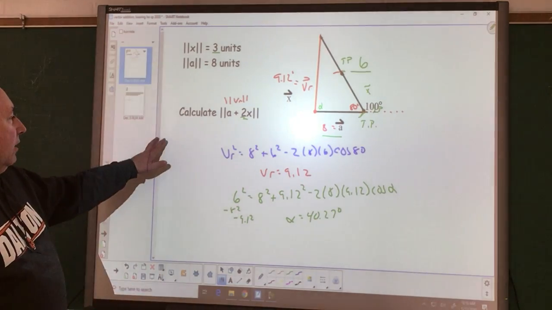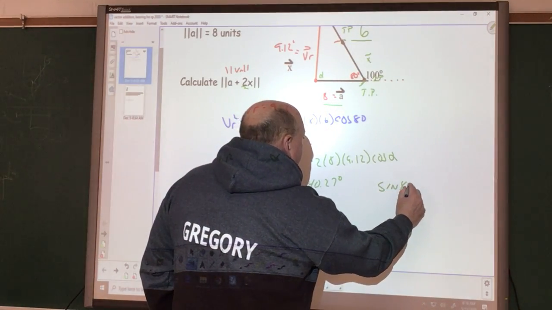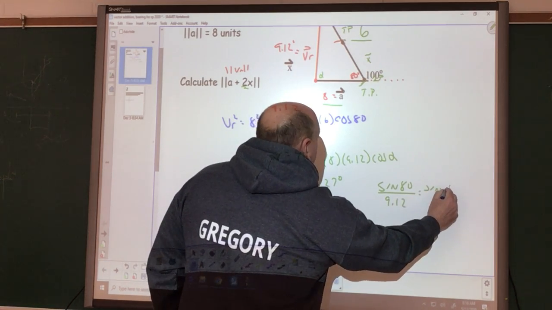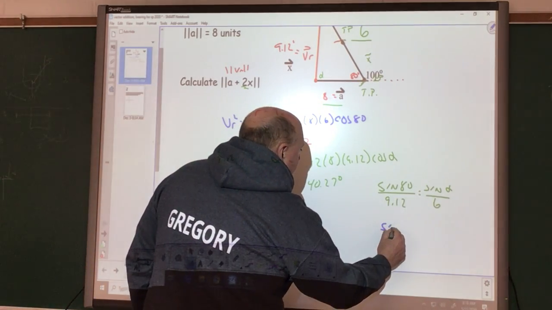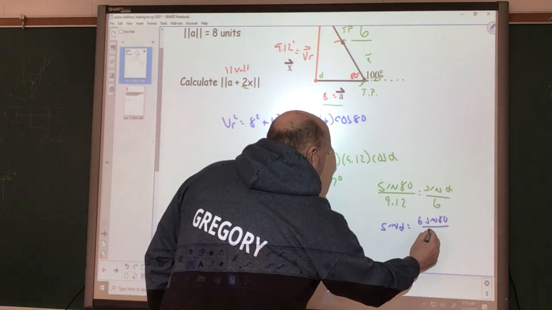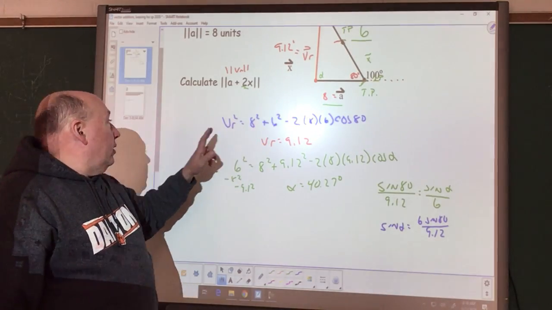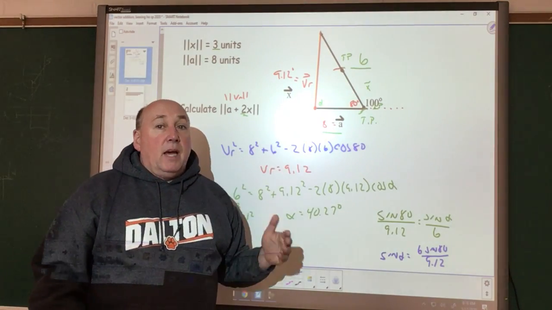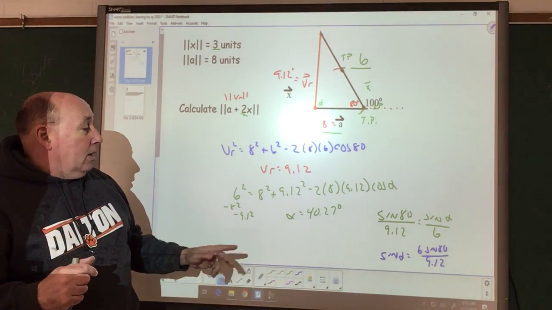If I wanted to use my law of sines, I could have done that also. The sine of 80 over 9.12 is equal to the sine of alpha over 6. So the sine of alpha is equal to 6 sine of 80 divided by 9.12. The problem you have with this though is, when you're trying to find this alpha value and this side is the biggest side, you can run into problems using the law of sines.